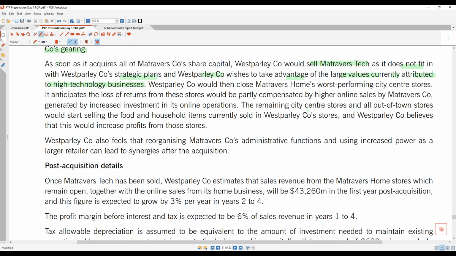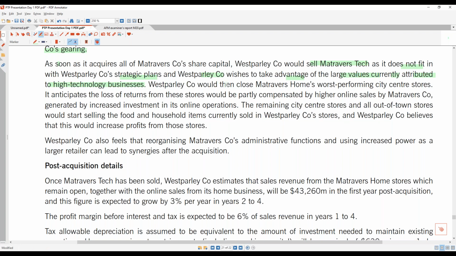So they are acquiring a company that is also involved in our existing business, but Matt Travers also has an exclusively tech business. We don't want to enter the tech business, and we want to continue only with our retail business. That's why they have a plan to sell it.